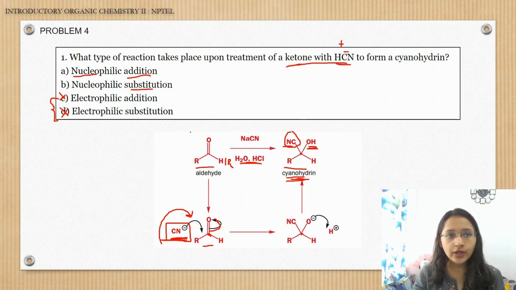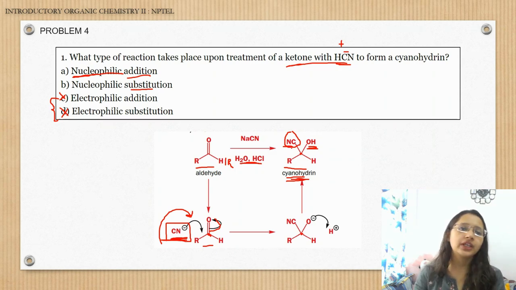So it is a nucleophilic addition rather than a nucleophilic substitution, because only CN minus is getting added on this carbon and nothing is substituted because of this CN minus. Right? So just tell me the correct answer if you got this. Option A, nucleophilic addition is the right answer, ma'am.